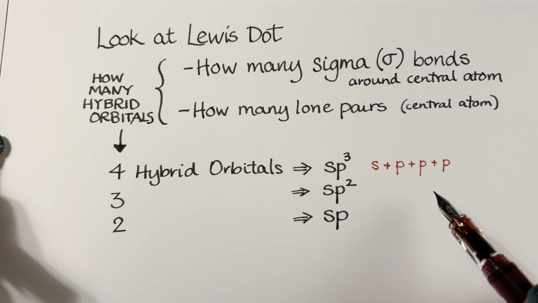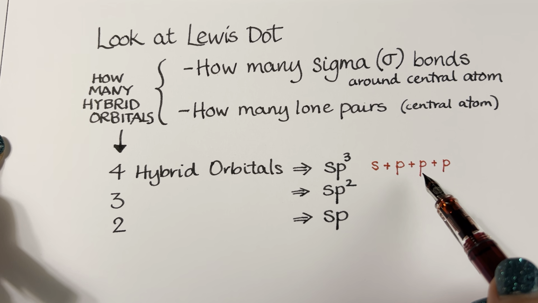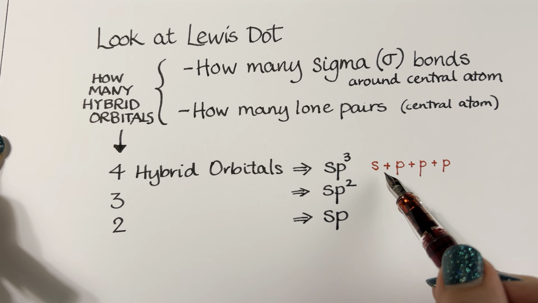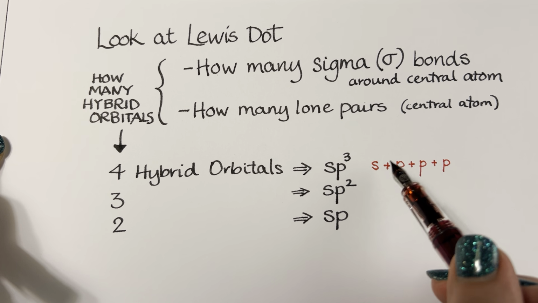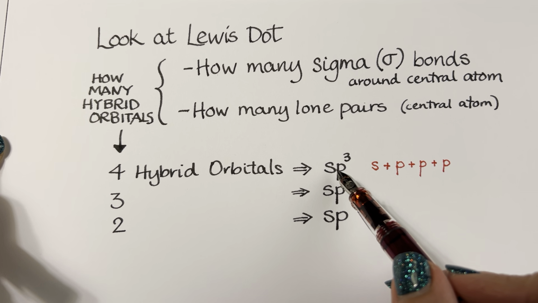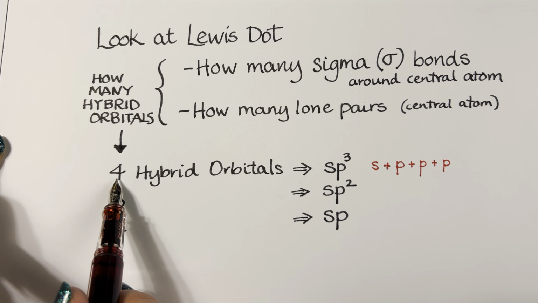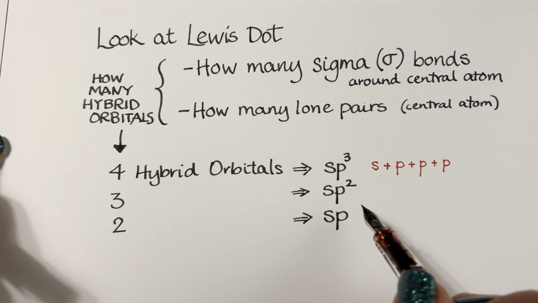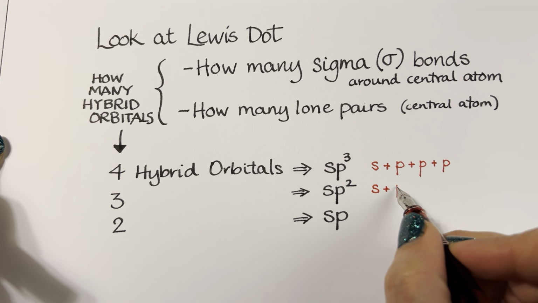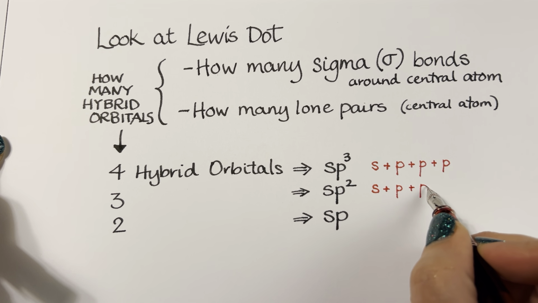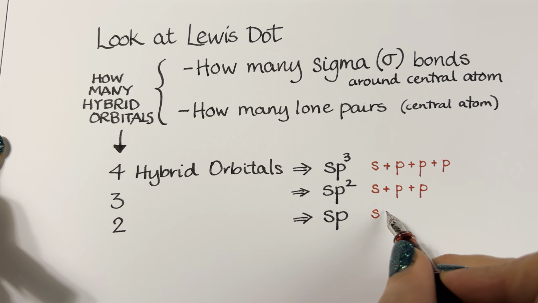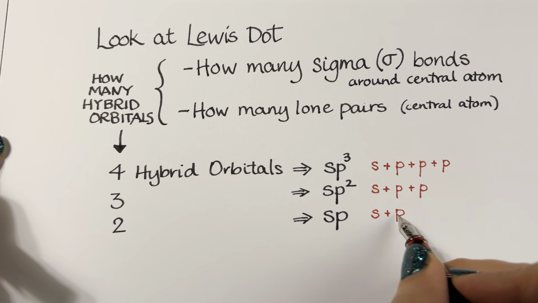Hybrid orbitals follow what's called the linear combination of atomic orbitals method. Essentially that means if you have 4 atomic orbitals, you will get 4 hybrid orbitals. Meanwhile, sp2 is s and then there are 2 of these. sp comes from combining s orbitals with p orbitals.